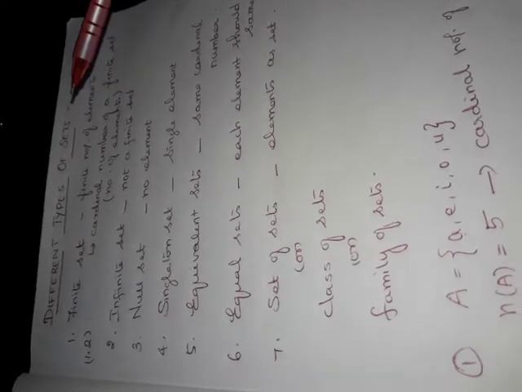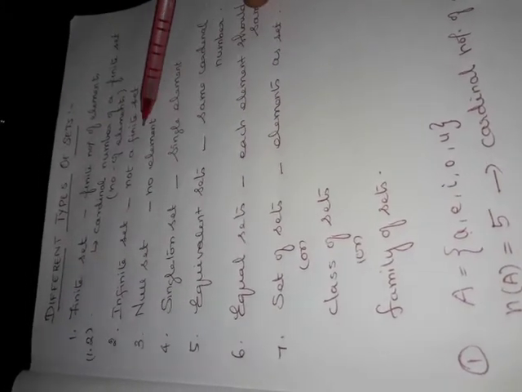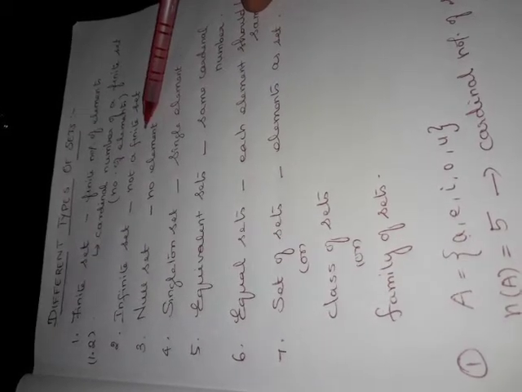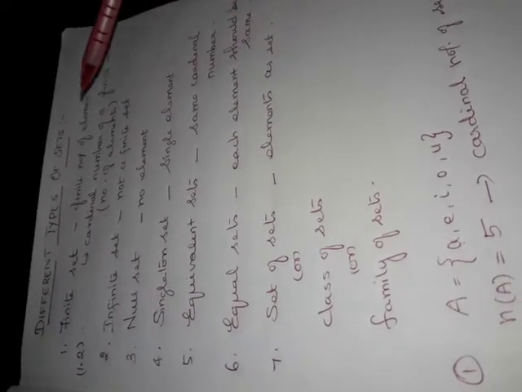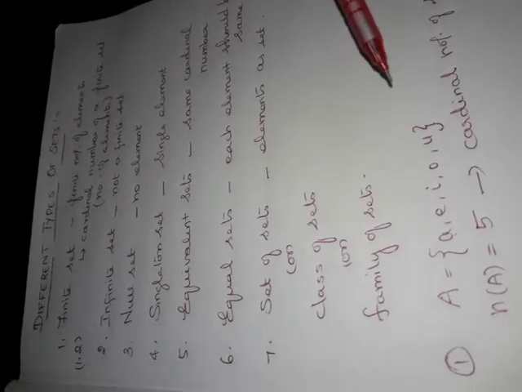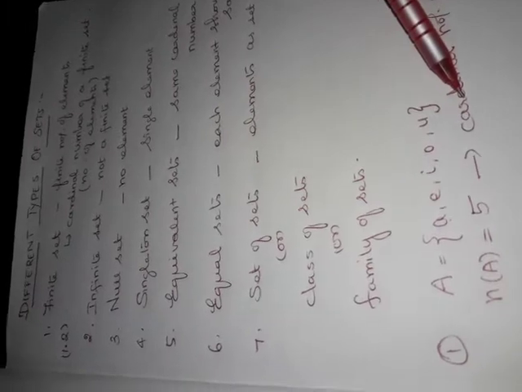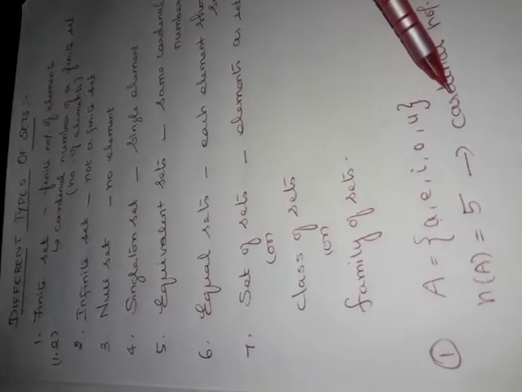It will go on, right? When we talk about infinite sets, we don't have the role of cardinal number because we know it is infinite. So we cannot count how many elements it has. So there is no role for a cardinal number. Cardinal number is only for finite sets. It is not for infinite sets.